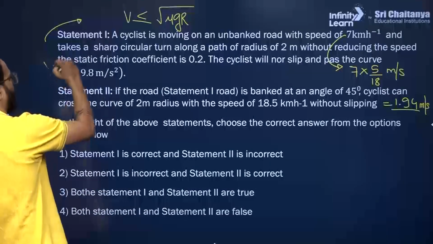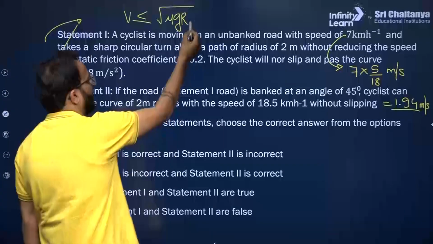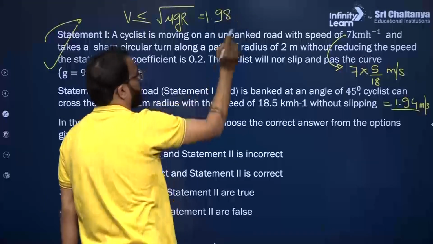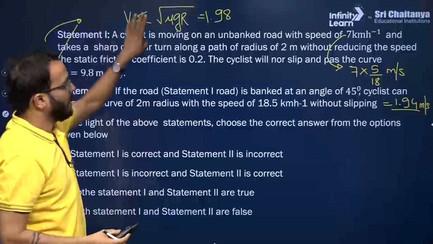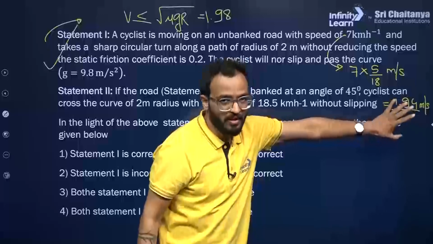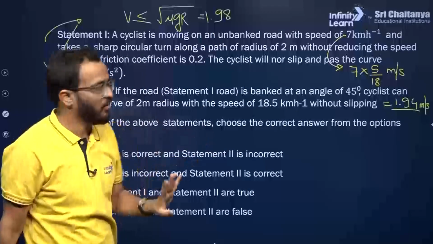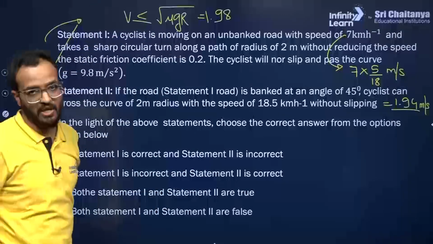So this is a correct statement. This value comes out to be 1.98 something, and this value is given 1.94. So 1.94 is less than 1.98, that means yes, it will not slip because we need V to be less than root mu g r.